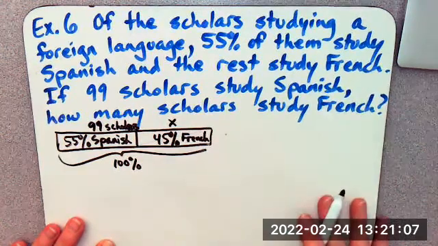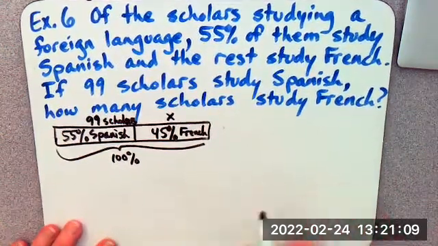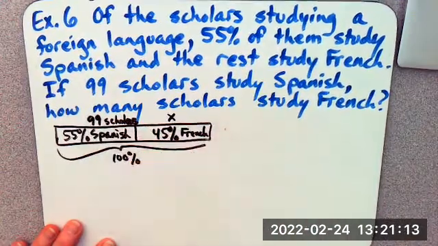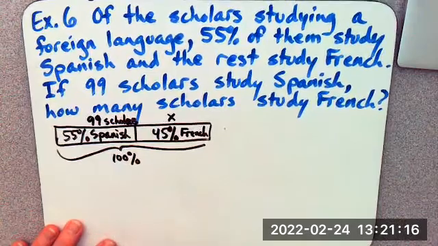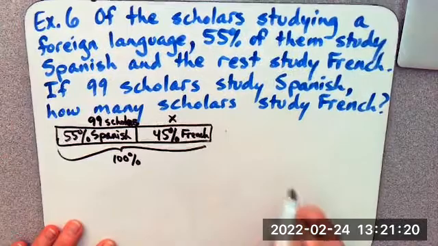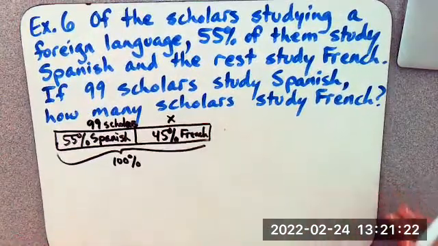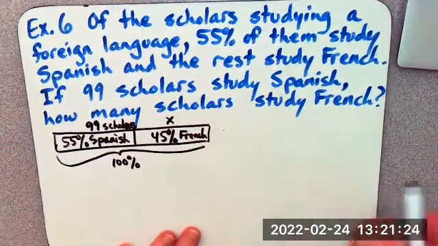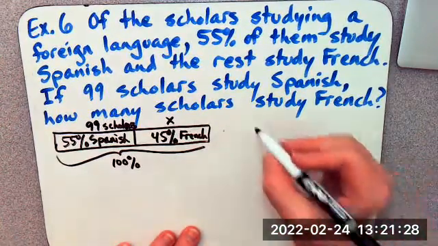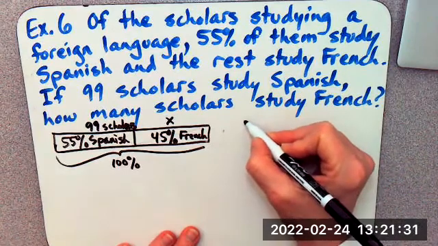Or we could set this up a little differently. Do you notice how this is compared to 45% and this is compared to 99%? So this might be one where we actually do a ratio that might be a little different from the one that rules all percentage equations. And so we'll do it an easy way, and then I'll show you using the other equation.